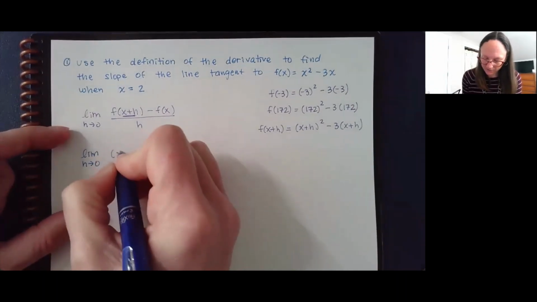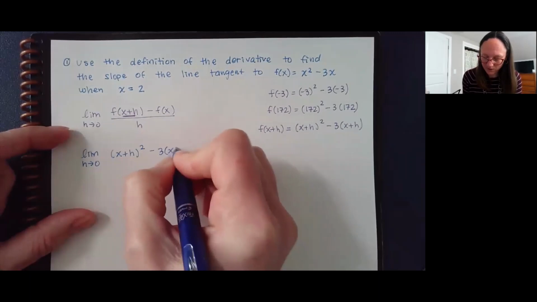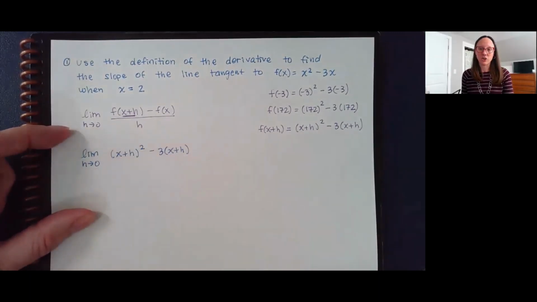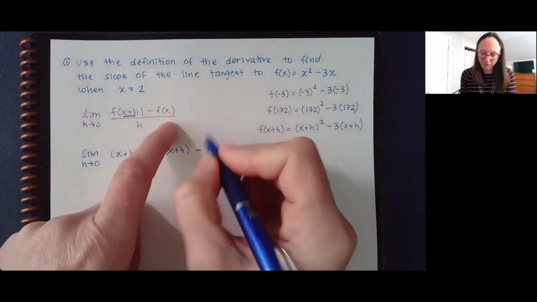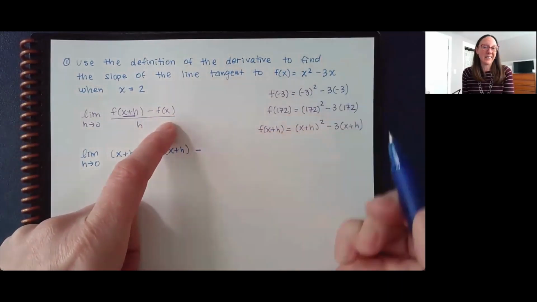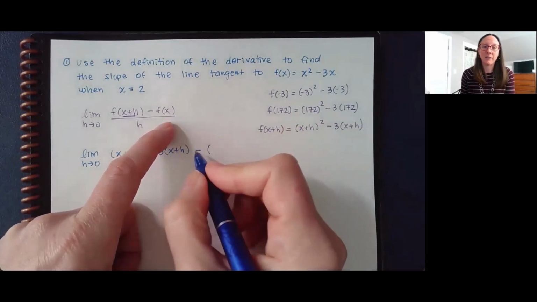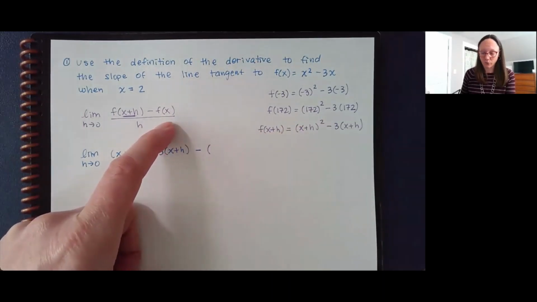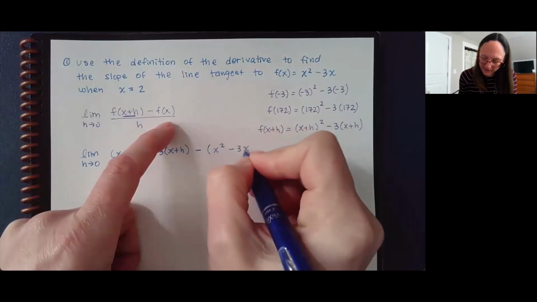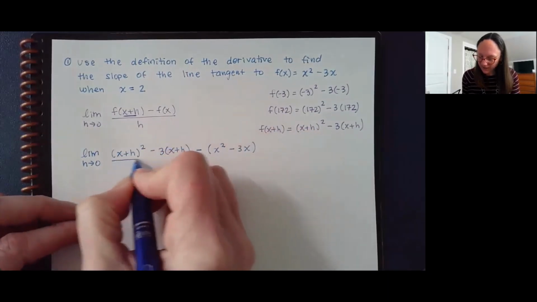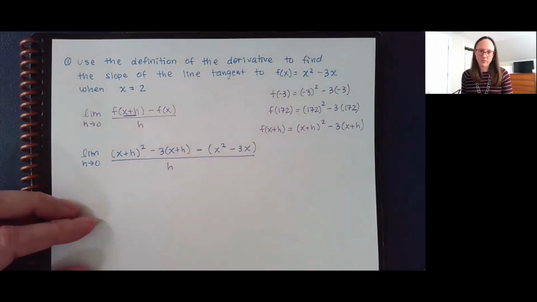I am looking at x plus h squared minus 3 times the quantity x plus h. The next part of this formula is that I have to subtract off f of x. I like to go ahead and put that in parentheses just to make sure that my minus sign is definitely going to get distributed through. x squared minus 3x. And then this whole thing is all over h.